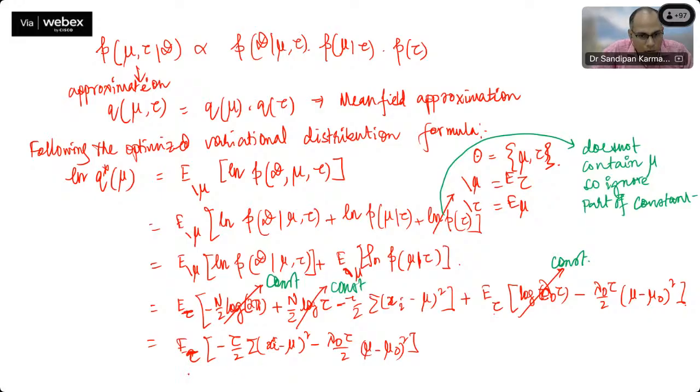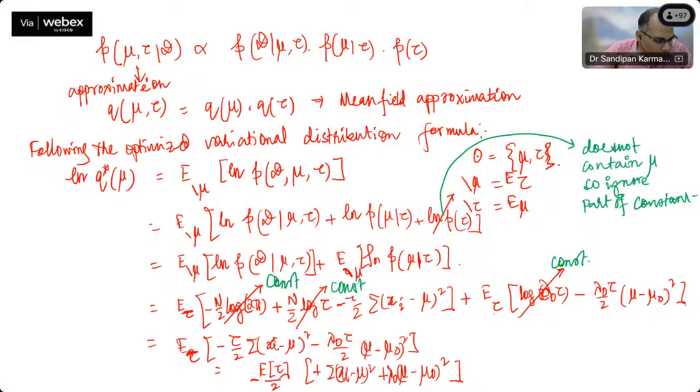Now tau you can take out, but the expectation is with respect to tau. So this will be E of tau by 2 times minus, then summation of (xi minus mu) whole square plus (mu minus mu naught) whole square into lambda naught.